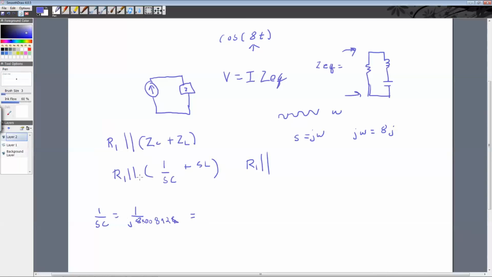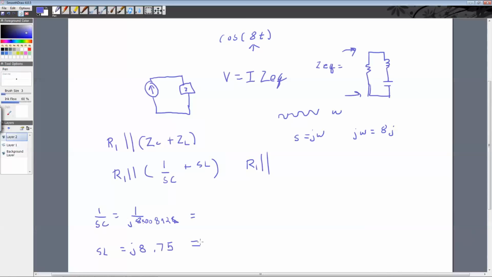Now the thing is, since we need to add these two, it's better just to keep them in Cartesian coordinates, right? And then SL would be J8, and in this problem it's 0.75. All right.